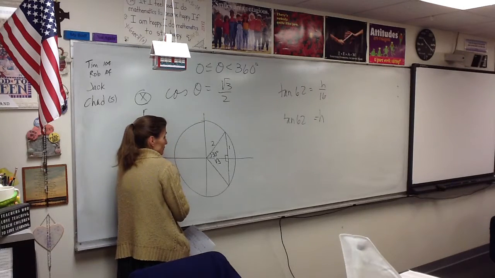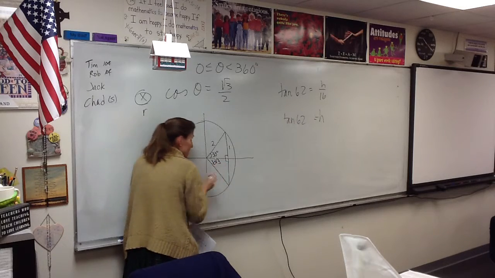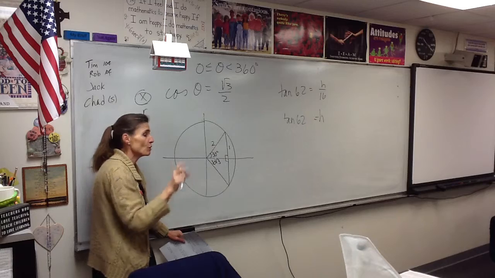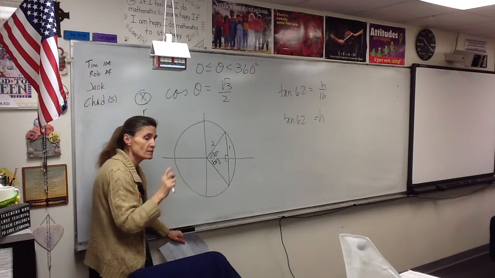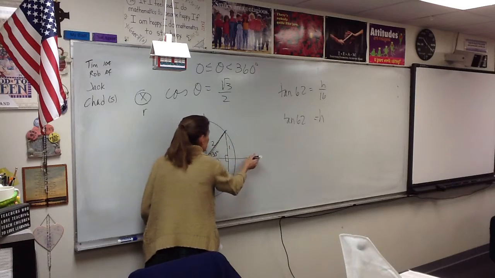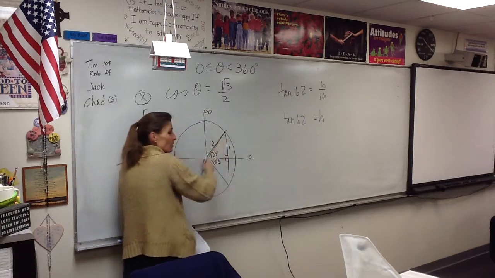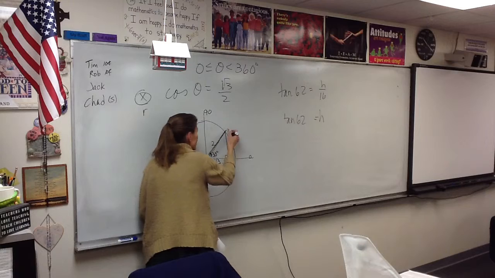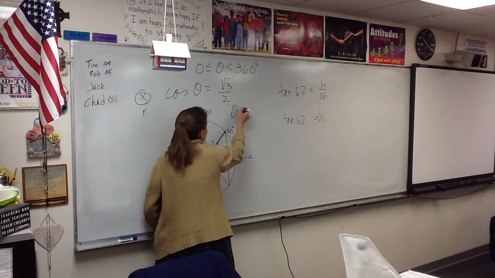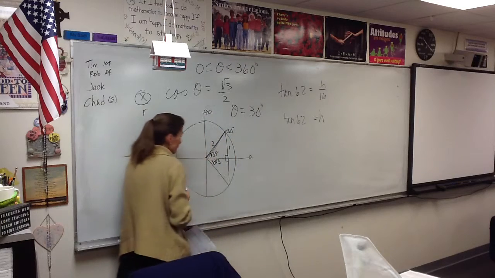Now, this angle would also be 30. They always match. The triangles are always congruent, so you don't need to redo it. It's always the same. This angle is somewhere between 0 and 90, and that's a 30. So isn't that a 30-degree angle? Right. So one of your answers is 30 degrees.